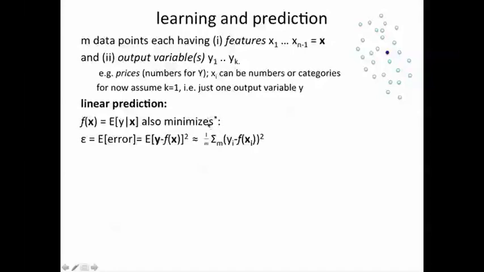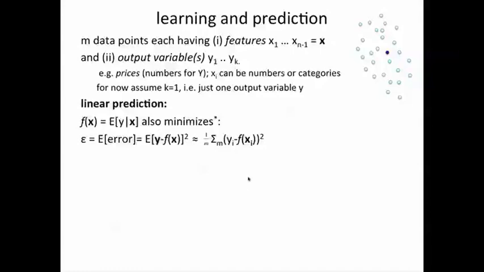Now, the proof of this is not difficult, but we won't go into this here. Let's take it as given that if we want to find the expected value of y given x, we might as well minimize the error, or rather the sum of squares of the error values between y and f of x.